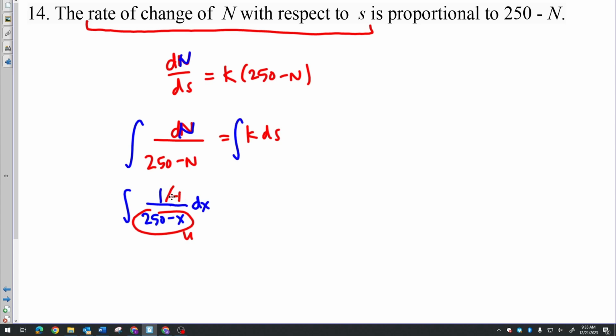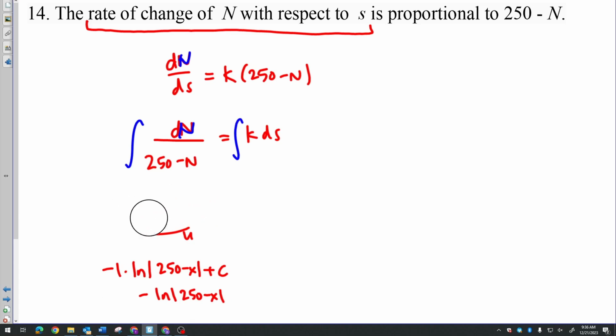Do all my x's cancel out? Yes. So then what number do I have left up here? I have -1 times the whole bottom was my u, so this will be ln of u, 250 minus x, plus c. So this right here is -ln 250 minus x. And then I'll move the c's all to the right side. All right, so if I rewrite this right here, this is really -ln of 250 minus n plus c.